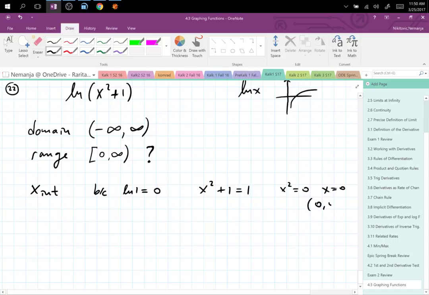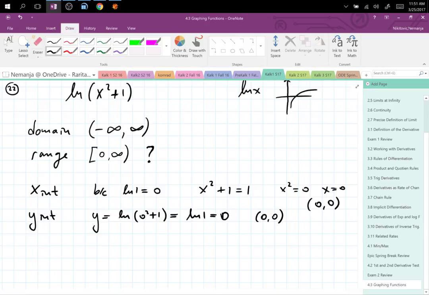So we have 0, 0, x-intercept. Y-intercept is when we set x equal to 0, so y equals ln of 0 squared plus 1, which is ln 1, which is 0. So we have the same 0, 0. Right? When 0, 0 is one, it has to be the other as well, because that's where the x and y axes meet. Cool. We got a forced 4 done.